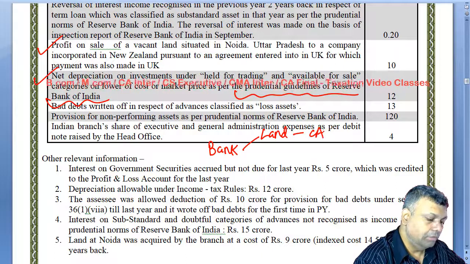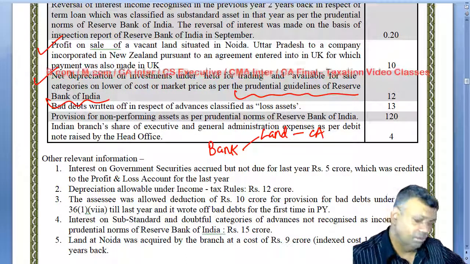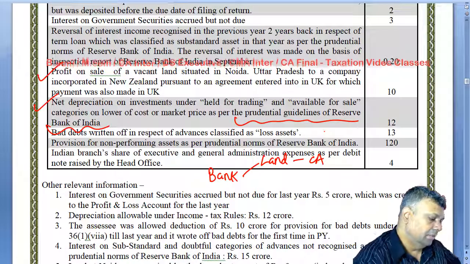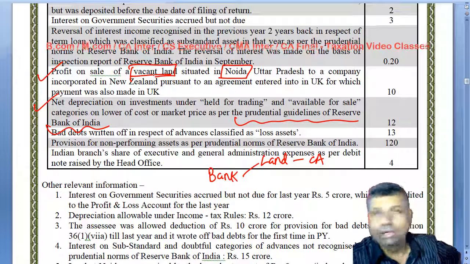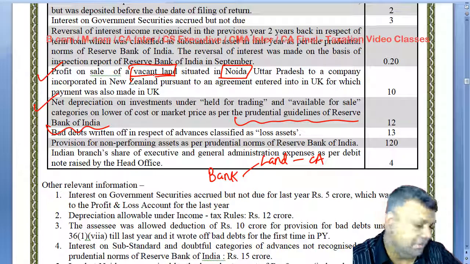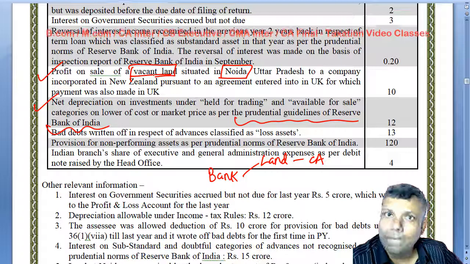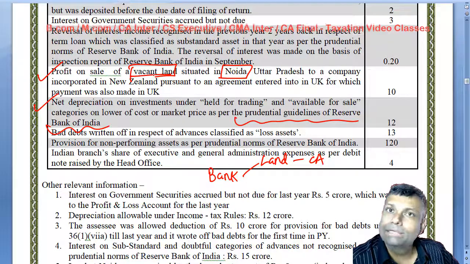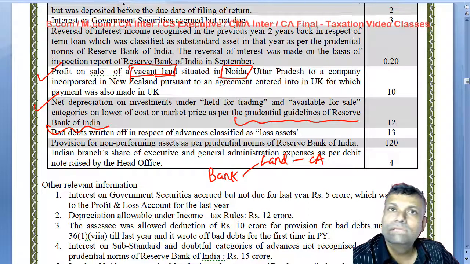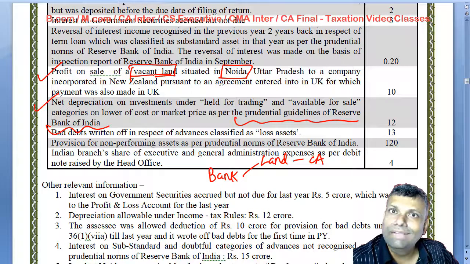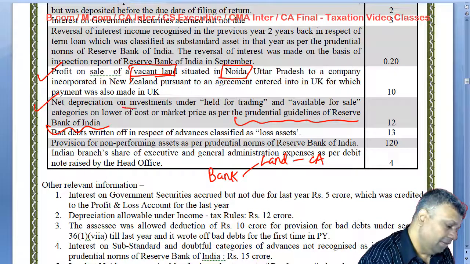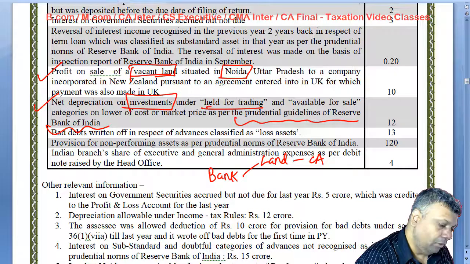So we said that it was a capital asset. Just see the previous adjustment, profit on sale of vacant land situated in Noida. So what did we say at that point? We said that land to a bank is a capital asset, and that's the reason we said that it will go under the head capital gains. In the appropriate computation, we have already done it. But now it is investments held for trading.